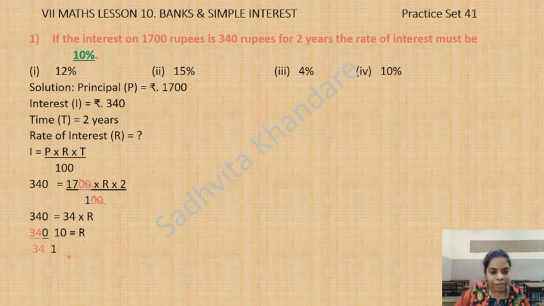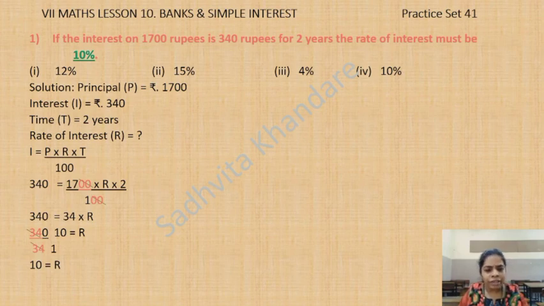So 34 ones are 34 and 34 tens are 340. That's the value of R. See, we are cancelling. 10 is equal to R, or the other way round, R is equal to 10. Therefore, the rate of interest will be 10 PCPA, percent per annum. Let's move to the next question, children, now.